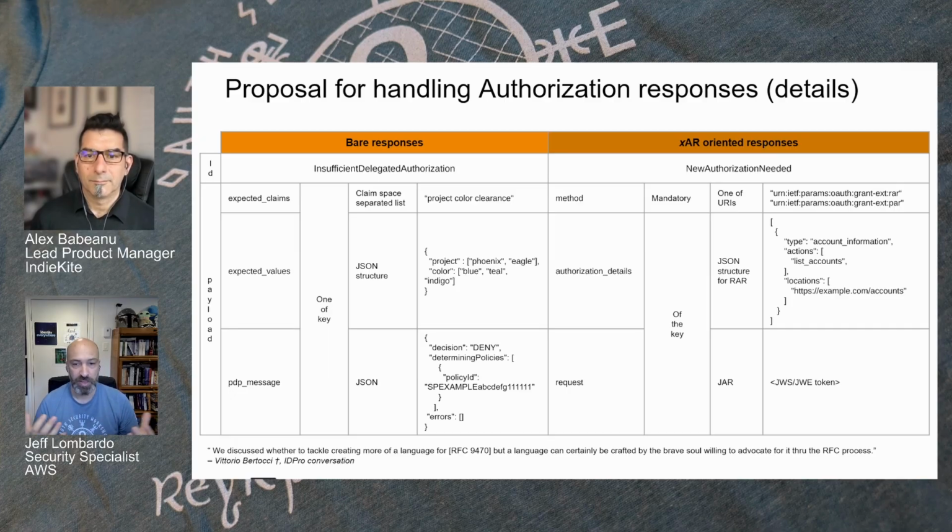We will provide elements that might not be directly OAuth2 formatted or that might not be completely actionable by the client using the mechanism, but still we are providing some feedback. Or we are going into a more XAR-oriented response, meaning that we will directly drive the client into creating the next RAR, PAR, using JAR or not, request to the authorization server in order to move forward.